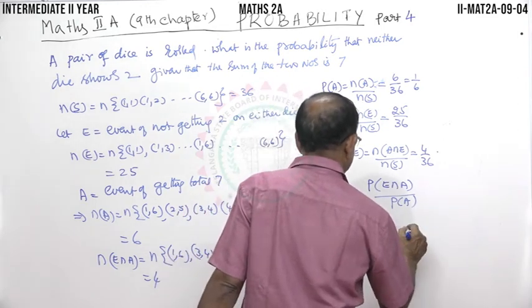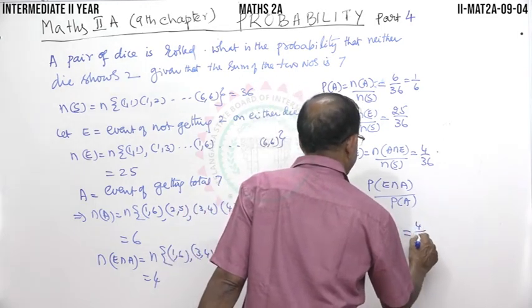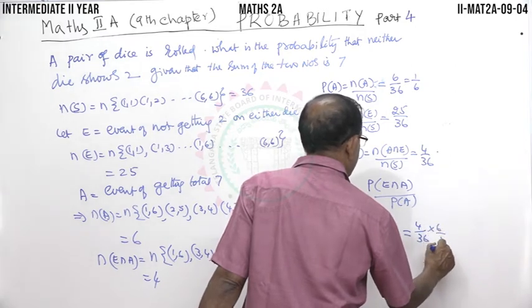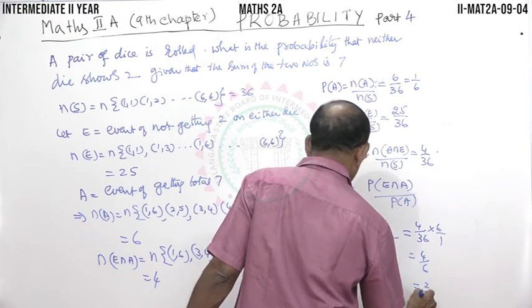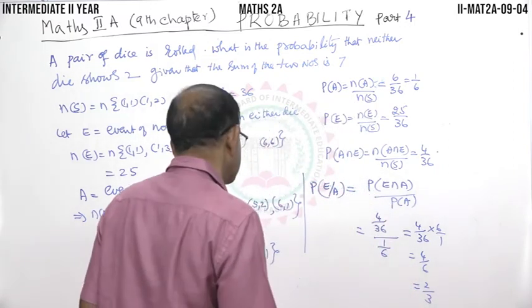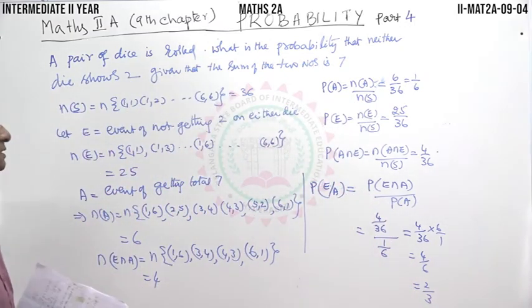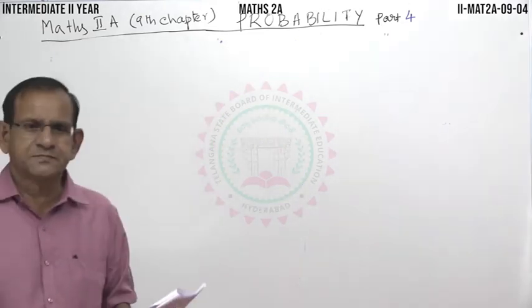Equal to 4 by 36 into 6 by 1. That is 4 by 6 equal to 2 by 3. That is the probability for not getting 2 on either die when the total is 7. Okay. Now I will explain one more sum.